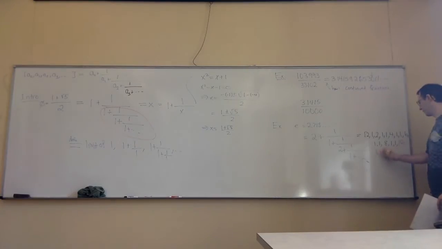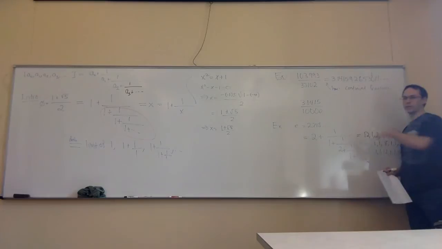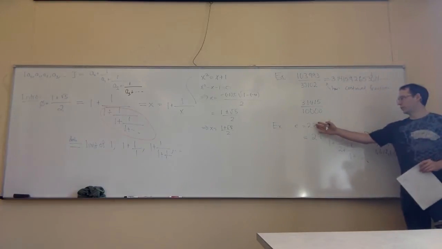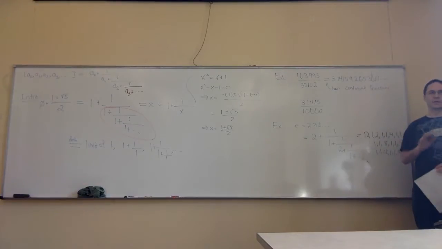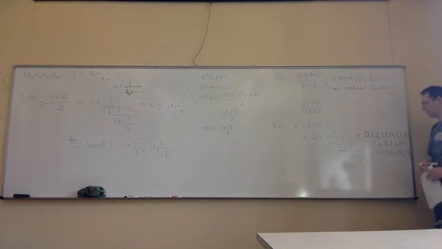Nice. 1, 1, 12, 1, 1, 14, etc. So you might know that e is a transcendental number, so you don't have any simple repeating pattern in the decimal digits of e. But, surprisingly, the continued fraction expansion of e exhibits a nice simple pattern. It's not exactly just repeating over and over again, but it has an obvious pattern. This pattern does hold.